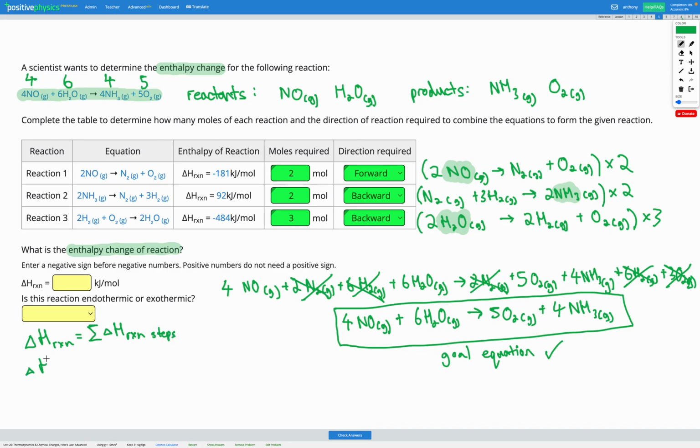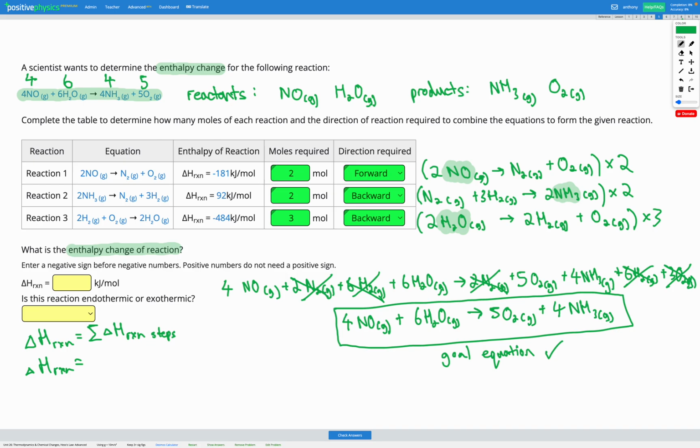So to find the enthalpy change of reaction, we're going to add up the enthalpy of reaction of the steps, but we need to make sure they're in the right direction. If it's backwards, we're going to have to make them negative. And we need to make sure we've got the right number of moles. So we're going to multiply the enthalpy of reaction by the number of moles required.